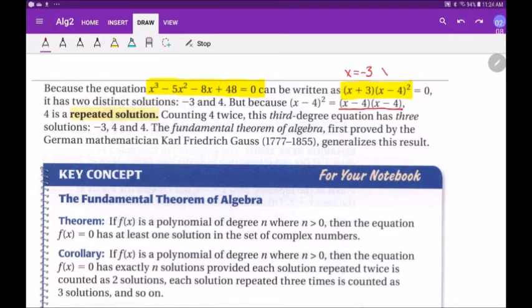And then we say, well, x equals 4, but then it also equals 4 again because it happens twice. Okay, so we repeat it both times. So we count this as 3, even though there's only 2 numbers, negative 3 and positive 4. Okay, so it seems like a technicality, but anyway, it's still true.